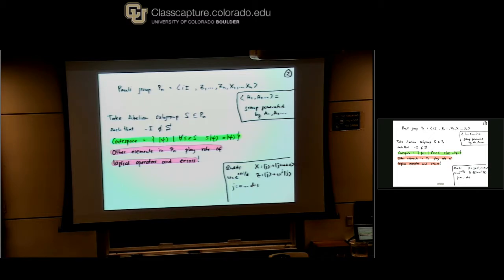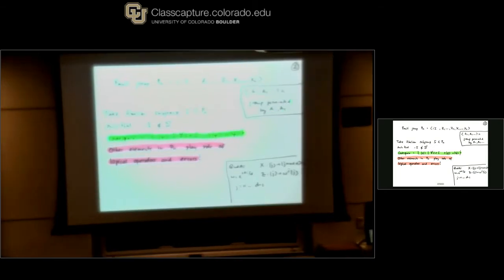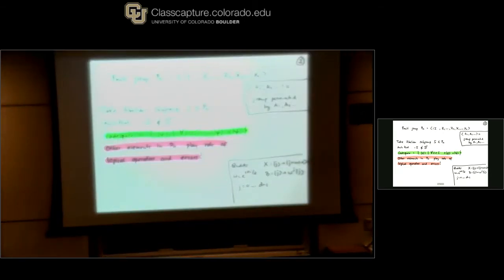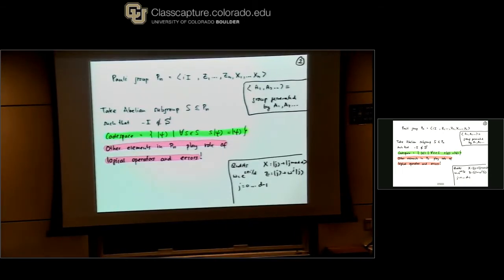You also have to have some phases, because if you take products of these, you can create i times the identity and so on. And this is the group generated. This is just notation. And so what you do to get the stabilizer, to create an abelian subgroup S out of this Pn, should be such that minus identity is not in this S, because otherwise I can't find a space that has plus one eigenvalue with respect to elements in here.